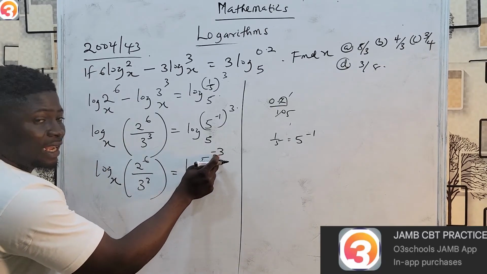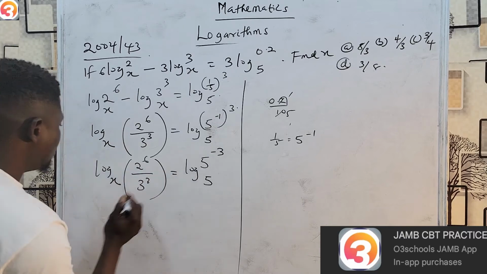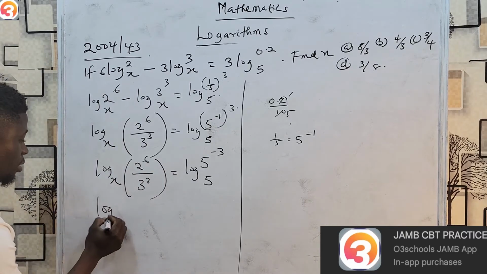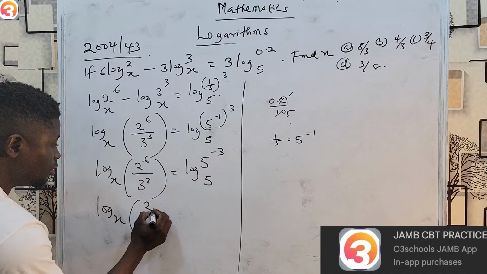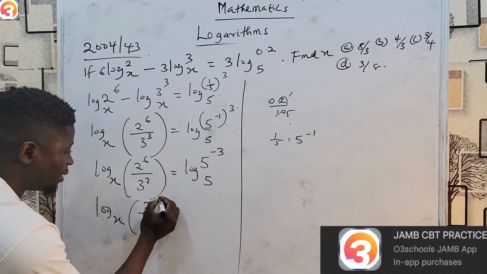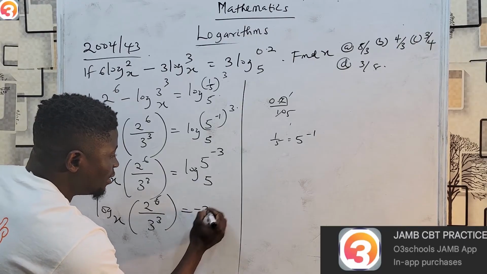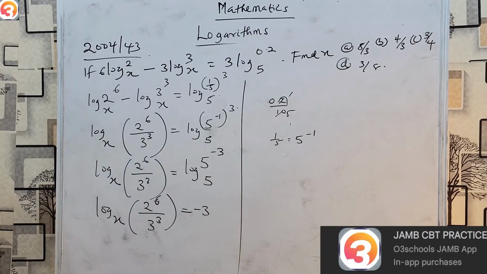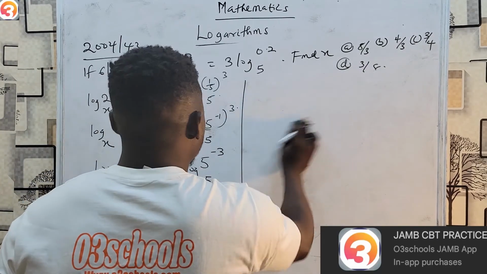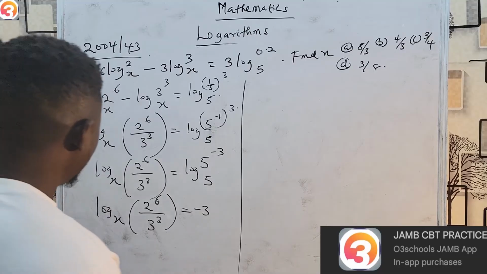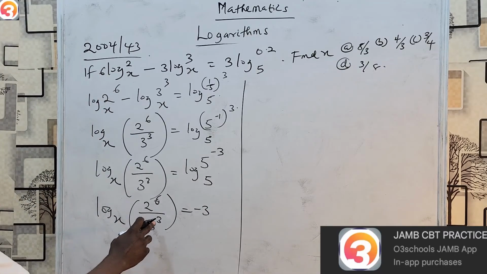This power can come to the front of this logarithm, so I'm going to have minus 3 times the logarithm of 5 base 5, which is 1. So now we have log base x of 2 raised to the power 6 over 3 raised to the power 3 equals minus 3.